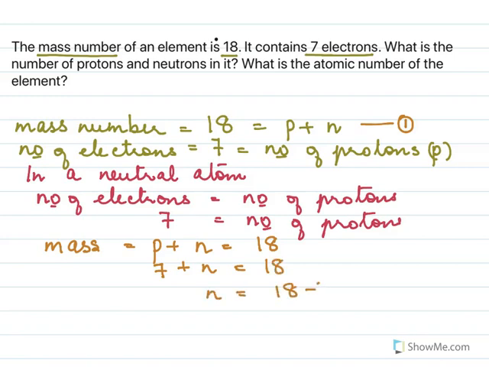So n equal to 18 minus 7. So n equal to 11. Next is, what is the atomic number of the element? Atomic number is the number of protons. So number of protons here is 7.